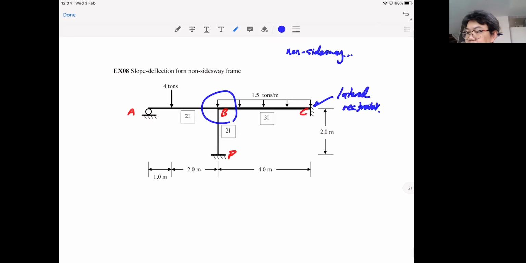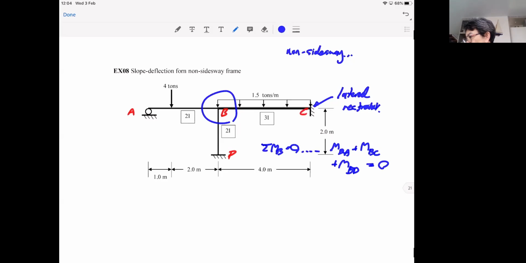So when you write your sigma MB equal to 0, you just need to include MBA plus MBC plus MBD. That will be equal to 0.